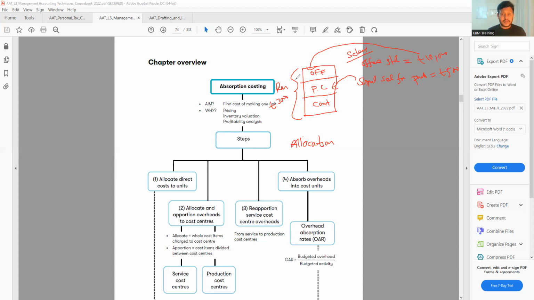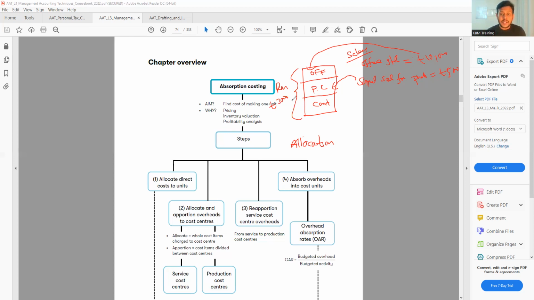Or can we transfer the 3,000 to the canteen? No. If we give the whole amount to only one department, they will not be happy. They will say, listen, this rent is not only for me, it is for the whole building. There are 2 more departments also involved. So why am I going to bear all the rent? No one department is going to bear it. For that reason, we cannot do the allocation.